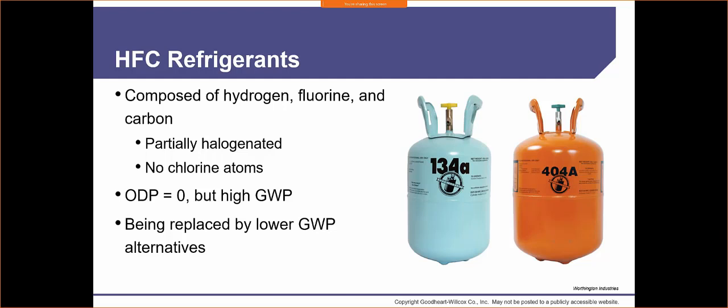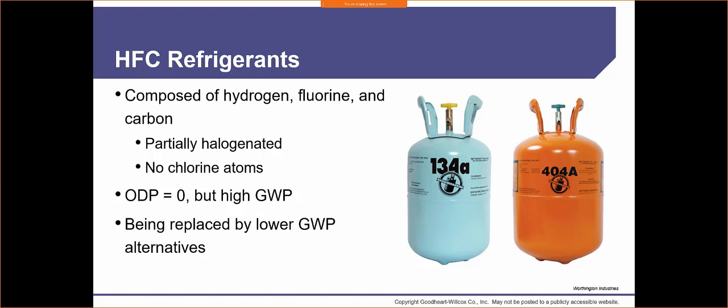All right, HFC refrigerants composed of hydrogen, fluorine, and carbon, partially halogenated, no chlorine atoms, so they're not going to destroy the ozone layer. They do have an ODP of 0, but a high GWP. All right, so they have a high global warming potential.